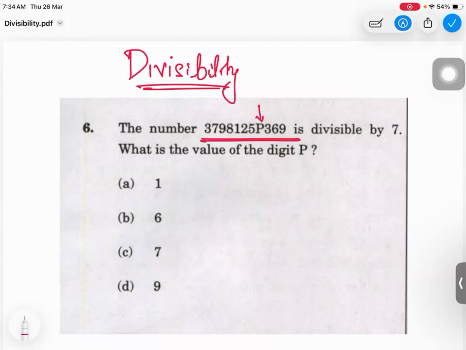What do you say? What do you think? How should we approach it? Divisibility of 7 we don't know. Assume we don't know because it is quite complex. So assume we don't know. How should we proceed? Tell me. Anything?